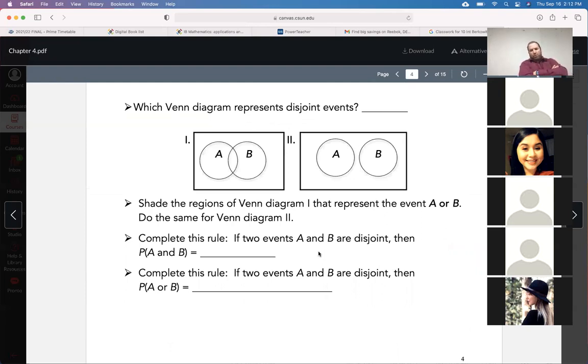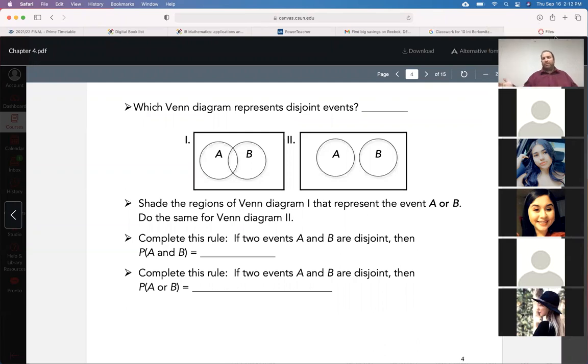Which of these two Venn diagrams represents disjoint events? The first or the second? The second one. If A and B are disjoint, they have nothing in common, which means there's no overlap, because the overlap is what they have in common.